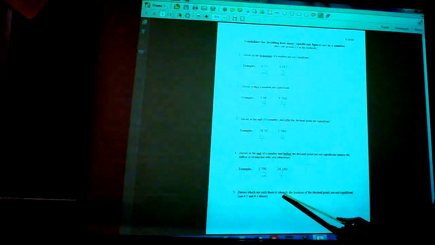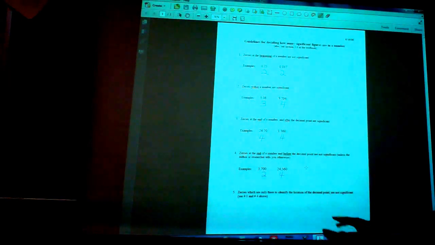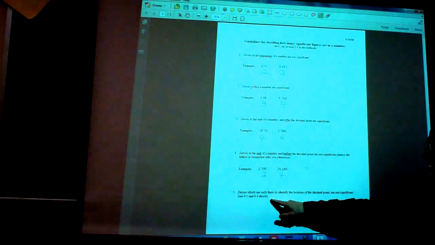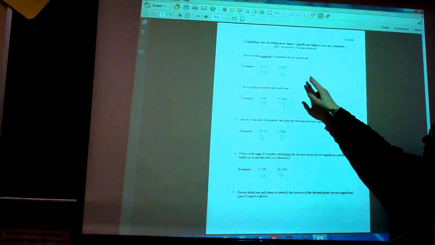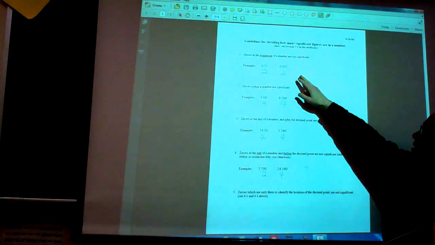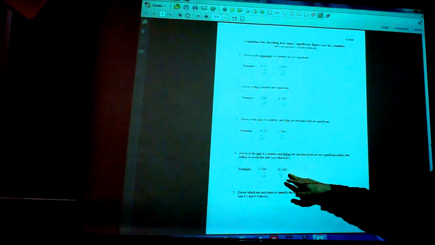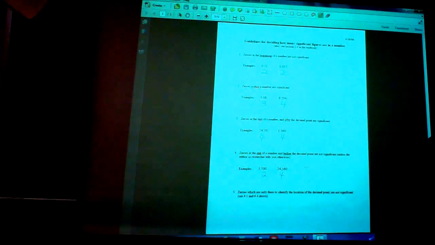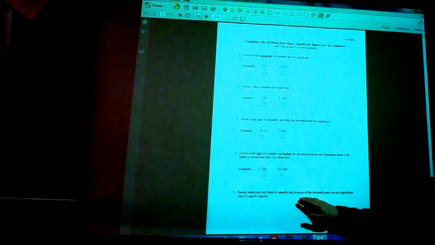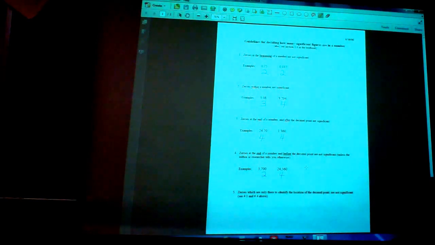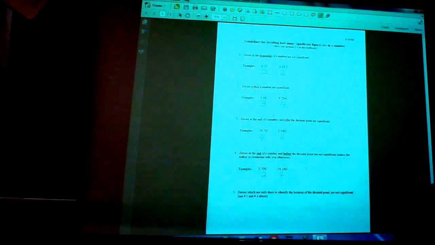Now, number 5 is a little bit of a summary. Number 5, as you see, is kind of a summary of items 1 and 4. Zeros at the beginning and zeros at the end. So the summary is, and this statement's also in your textbook on page 40, zeros which are only there to identify the location of the decimal point are not significant.